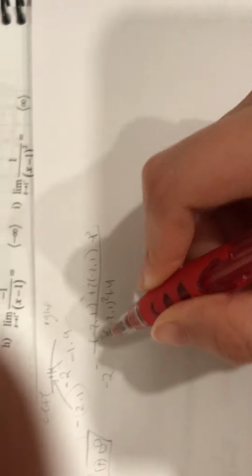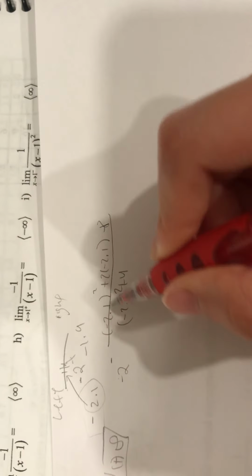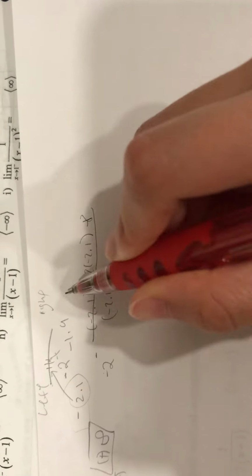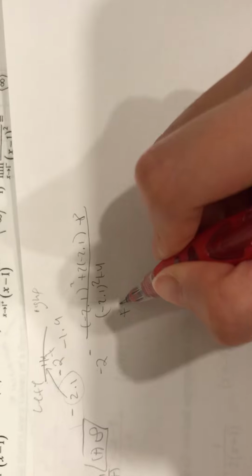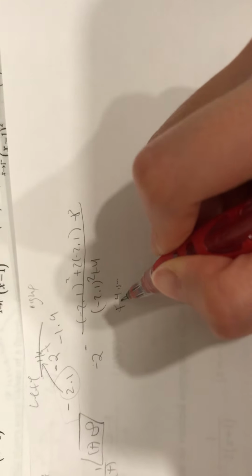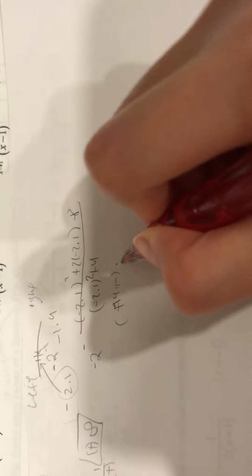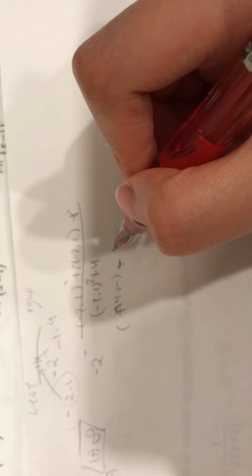Negative 2.1 squared would give you a positive number, a bit more than 4, then minus a smaller number, but then minus 8.